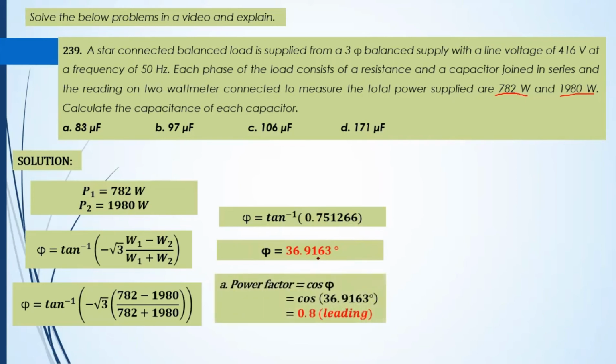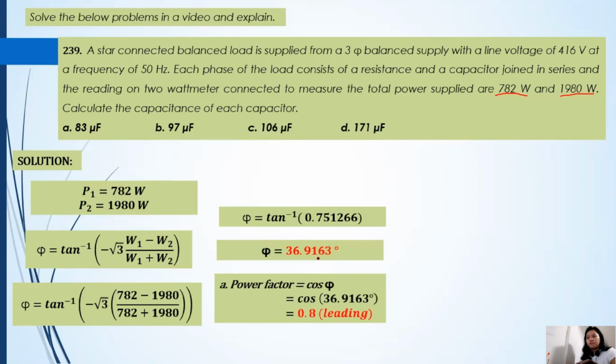So next, we will be solving for the power factor. So our power factor formula is cosine phi. So cosine of 36.9163 degrees. So we have the answer 0.8, which is leading.